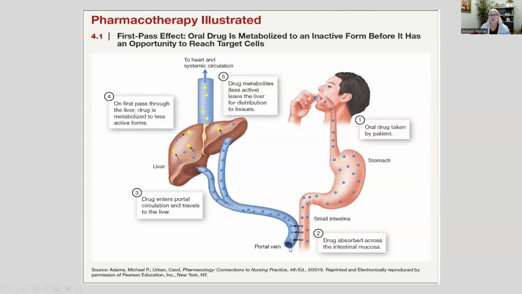Eventually it makes its way to the portal vein and is carried through the venous circulation into the liver, where these little yellow liver enzymes start to actively metabolize the drug. On its first pass through the liver, the drug becomes metabolized to less active forms. These leave the liver and are excreted through the kidneys, but the more active metabolites are distributed to the tissues where they have their desired target effect.